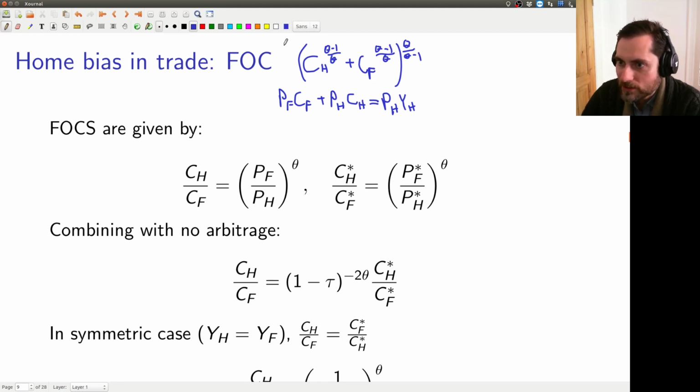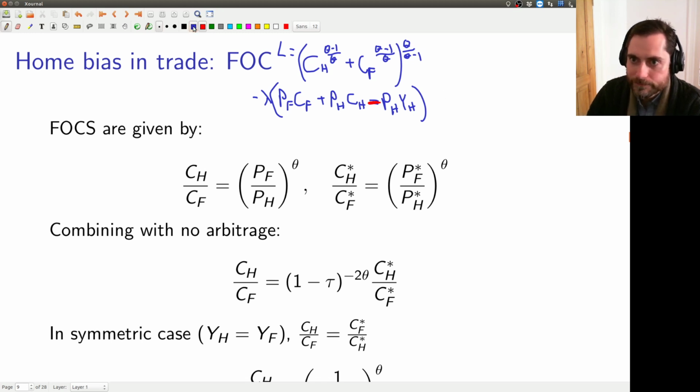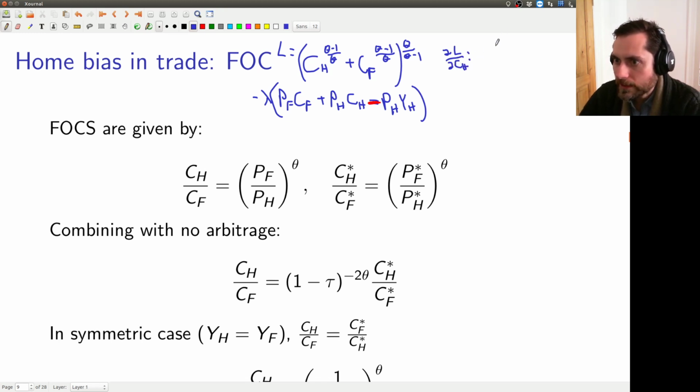So the Lagrangian is just this minus lambda times that. And then we can change this into a minus. Okay, so that's the Lagrangian function now. Take the derivative of the Lagrangian with respect to, let's say, CH, and we'll get theta over theta minus 1 times what's inside of the parentheses, to the power theta minus 1 minus 1.